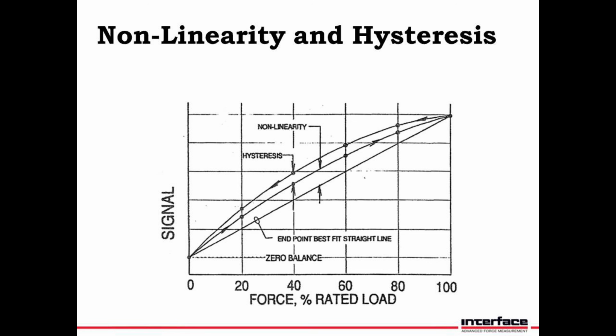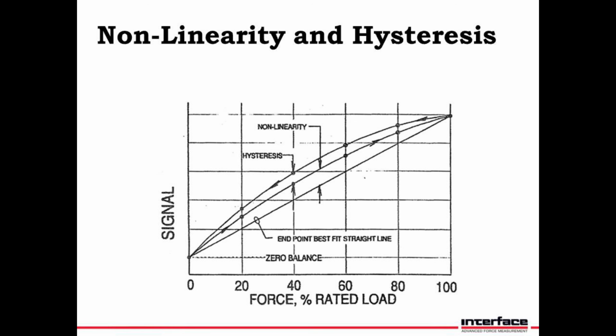What I mean by that is that on the ascending direction, we take a reading at 20, 40, 60, 80, and also at 100% of the rated load. And then on the descending direction, we take another reading at the 40% value.